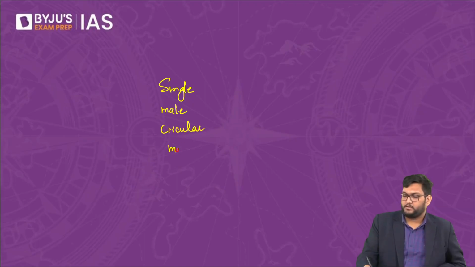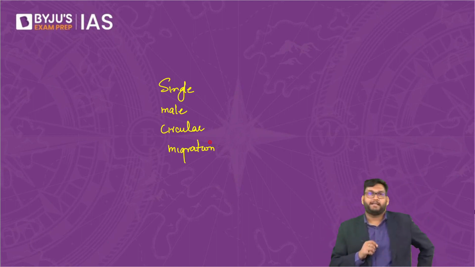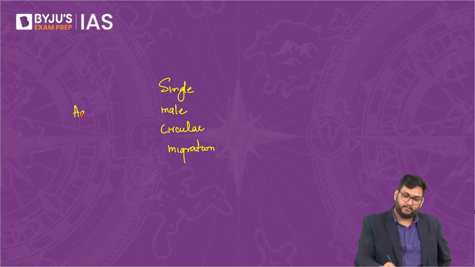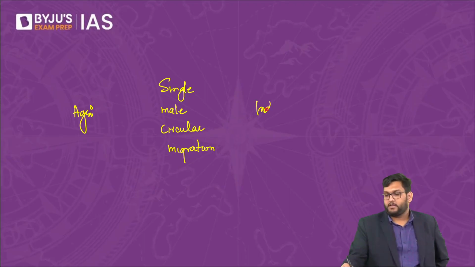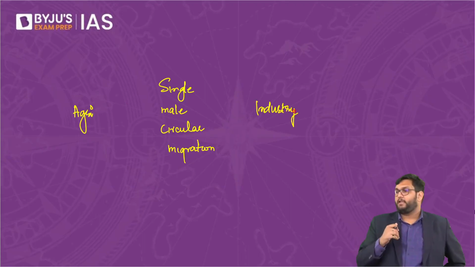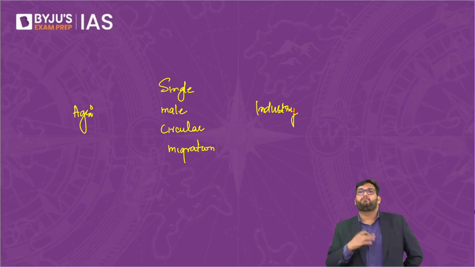Now, see, in India, why do we say that India still is not an industrial country? Because in India, we have a very peculiar concept, and that concept is single male circular migration. See, in India, what happens is our labor is caught up in both sectors.